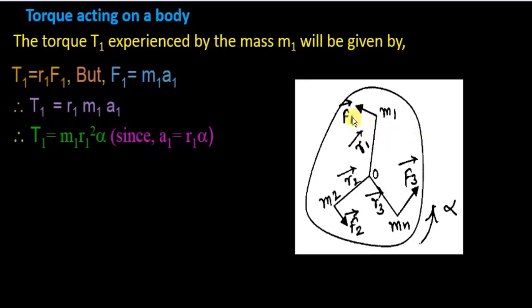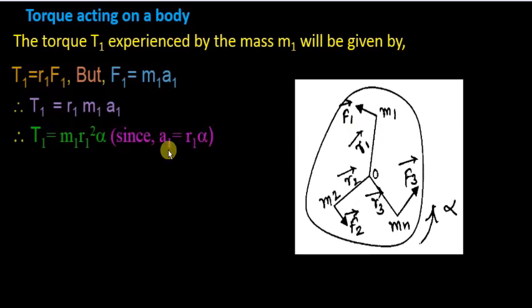For the first particle, F1 will be equal to m1 into a1. Putting this value of F1 in this equation, we get the next step T1 = R1 m1 a1, and from that we get this step. How? Because we know the relation between linear acceleration and angular acceleration is a = r alpha. For the first particle it will be a1 = r1 alpha, not alpha 1.